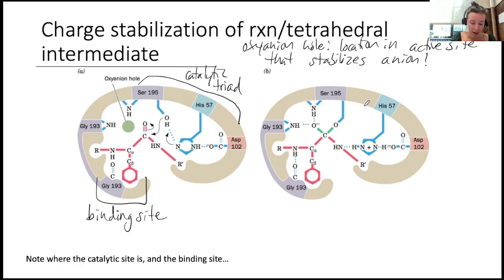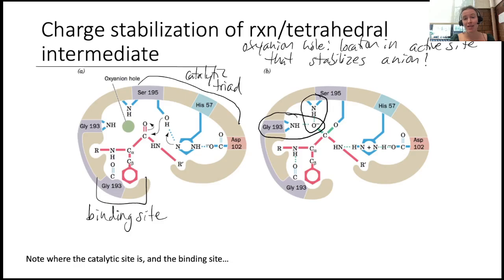You see that there is a hydrogen bonding interaction happening between the amino group of serine, as well as a hydrogen bonding interaction between the amino group of glycine and the negatively charged oxygen, or oxyanion. These hydrogen bonding interactions help to stabilize this negative charge as it's happening in the reaction mechanism.